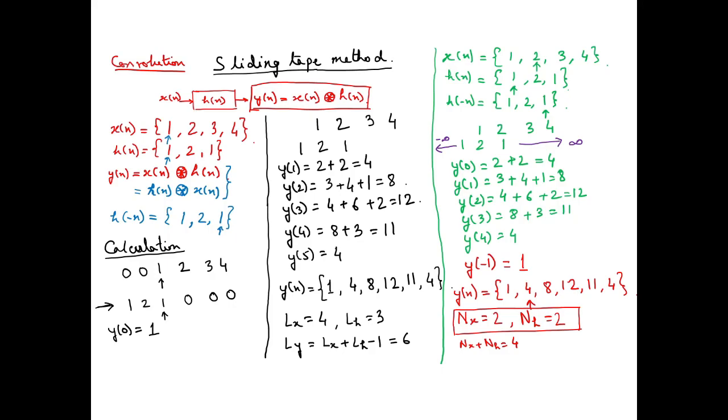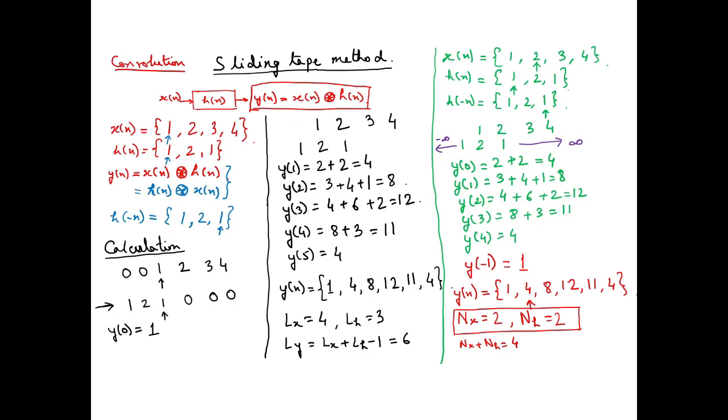In our last class, we have seen how the convolution can be performed, or the output of the LTI system can be computed using the DFT method. So we have the input, and we have the impulse response of the LTI system.